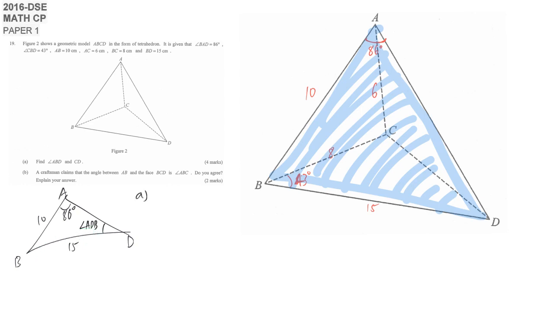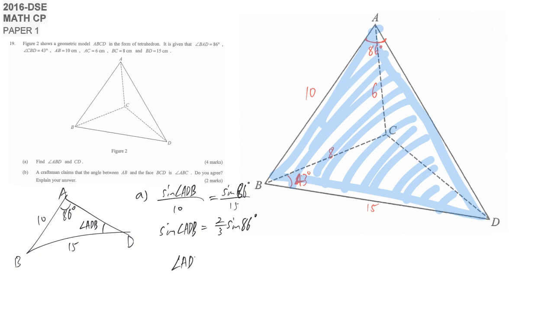Now we start calculation. By using the sine formula, we may put the sine of the angle first, above the fraction line. Sine angle ADB to 10 should equal to another pair, sine 86 degrees to 15. That's why sine angle ADB is equal to 2 over 3 times sine 86 degrees.